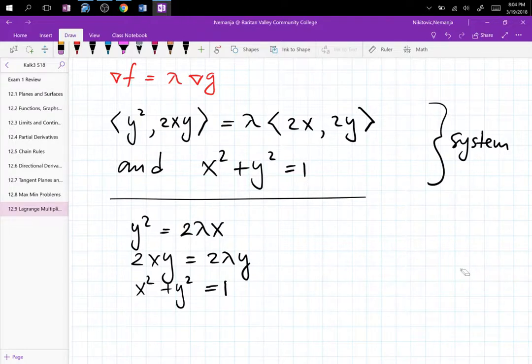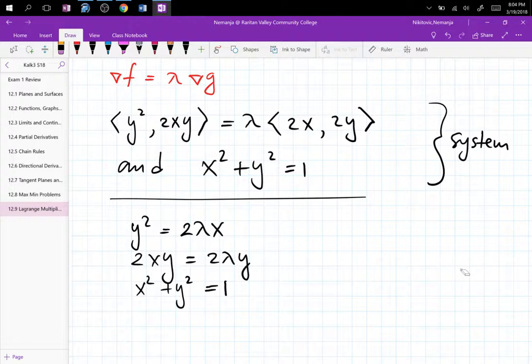So again, the way we put the equations together is the first component of the first vector equals the first component of the second vector times the Lagrange multiplier, right? Because that lambda is a constant. It multiplies into both. You can distribute that first and then do the comparison.